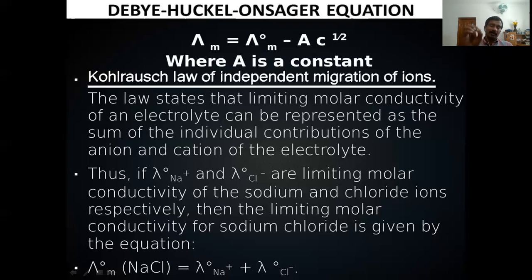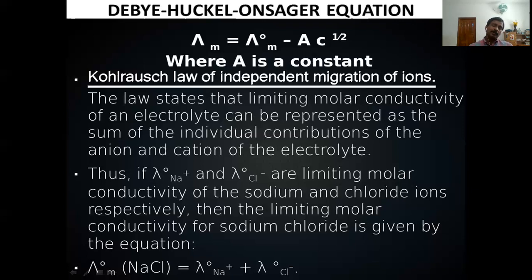For example, consider the electrolyte NaCl. Lambda 0 m of NaCl, the molar conductance at infinite dilution of NaCl, can be represented as lambda 0 m of Na plus plus lambda 0 m of Cl minus. That is, lambda 0 m of NaCl is equal to lambda 0 m of Na plus plus lambda 0 m of Cl minus.